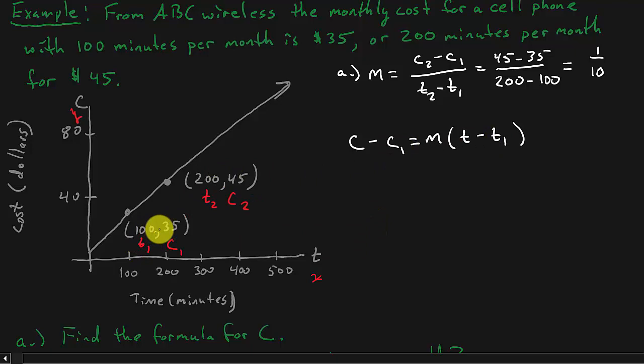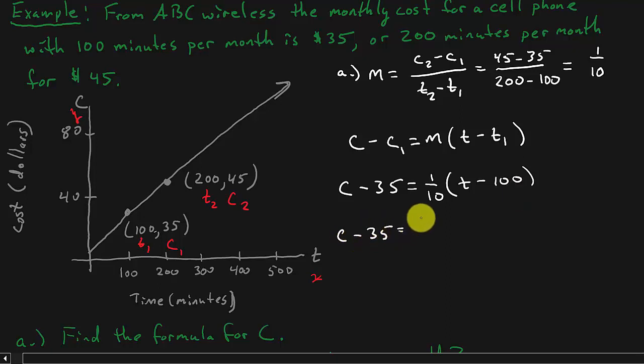We'll use this one down here since they're smaller. And so I get C minus 35 equals 1/10 times T minus 100. All right. And so that's C minus 35 equals 1/10 T minus, and I think is that 10?